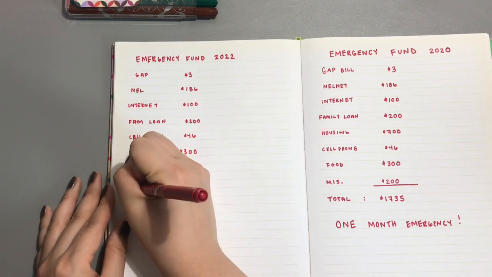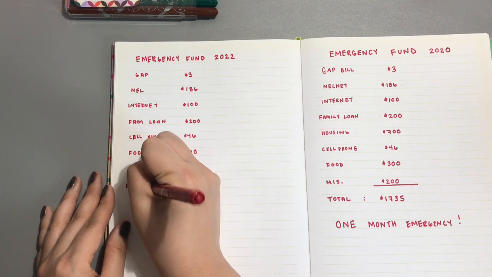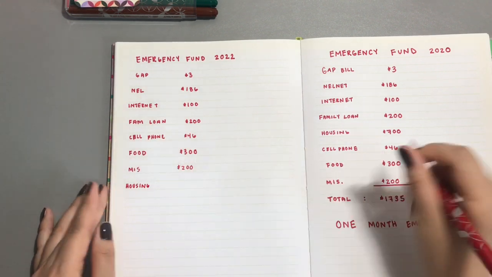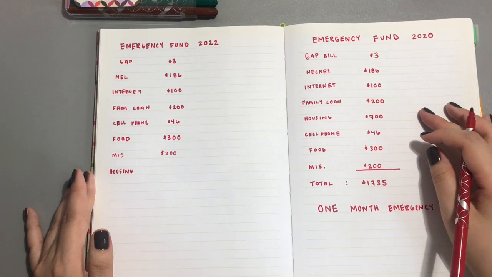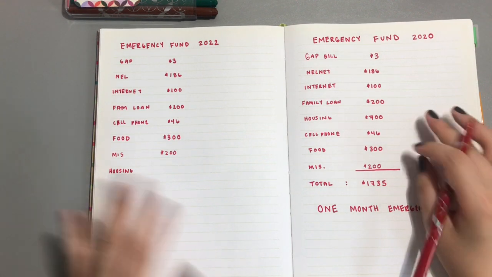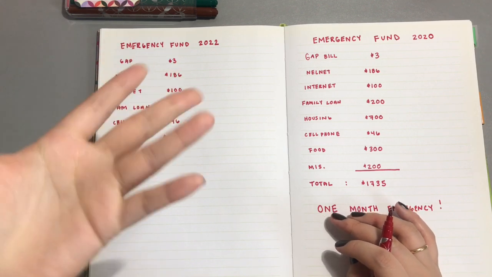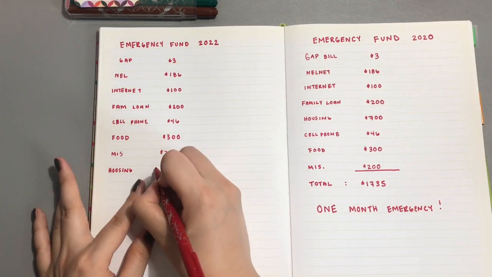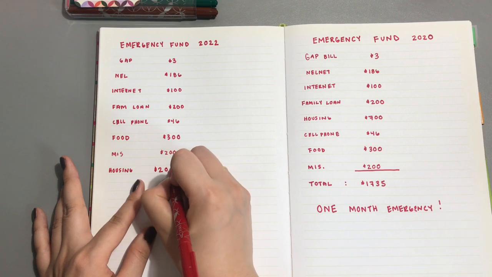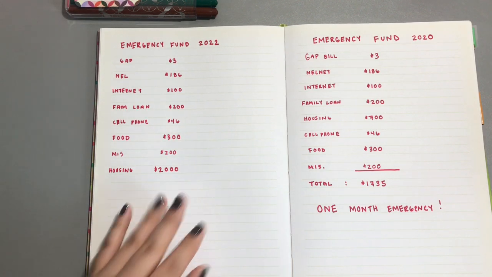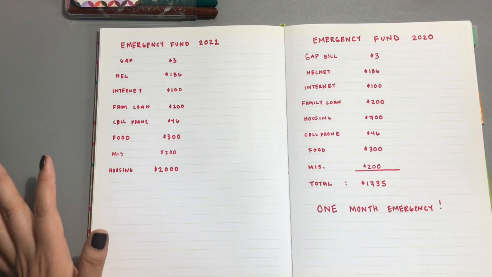So the only thing different really would be my housing, which, what I want is at least the maximum, if possible, for my mortgage to be $2,000. So that's the main difference that I have here, that my mortgage would be $2,000.